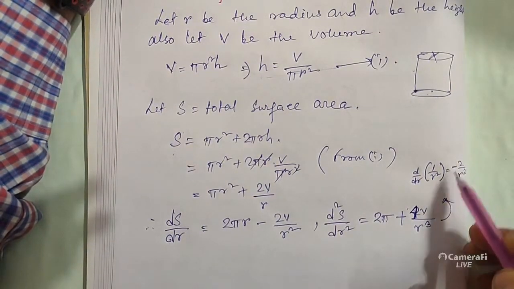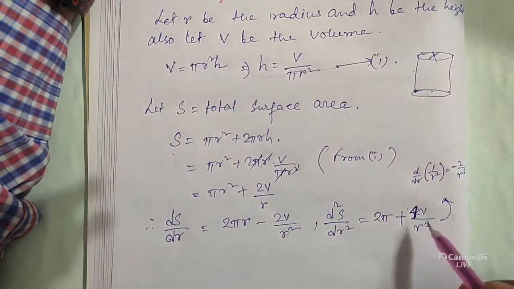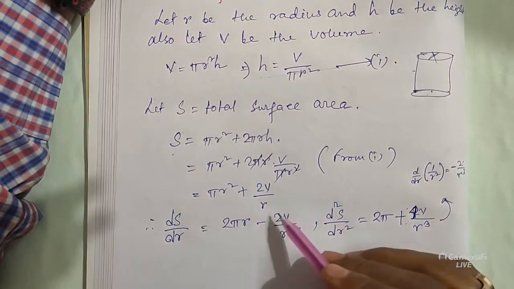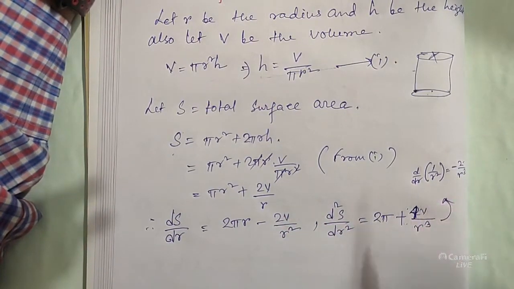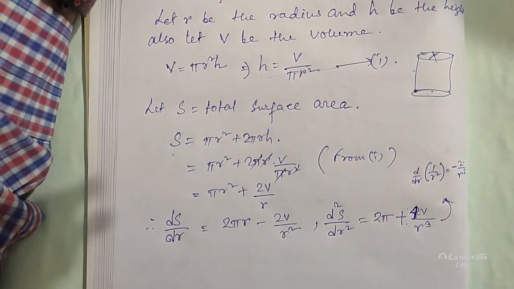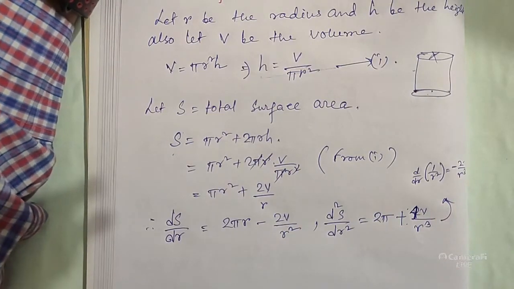This minus and this minus become plus, and 2 into 2 equals 4. This is the value of d2S by dr2.